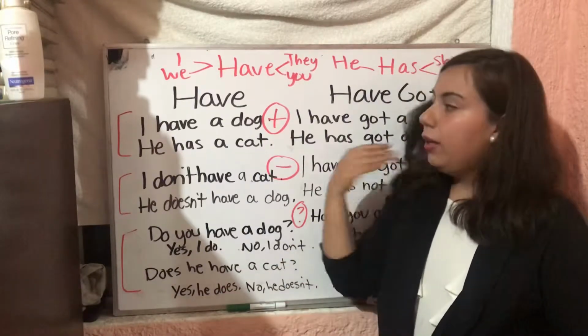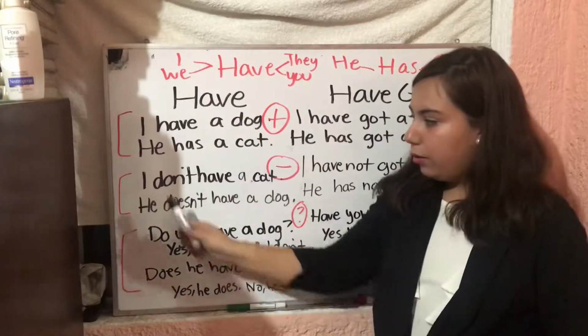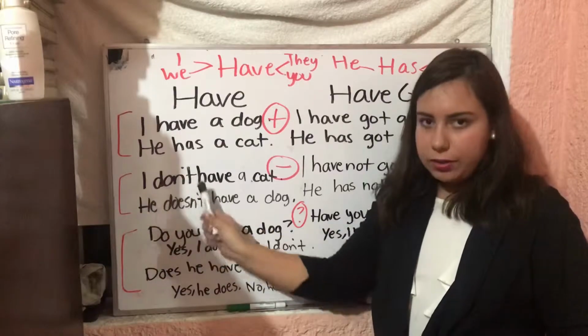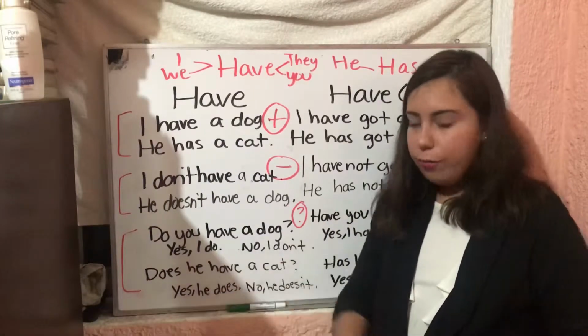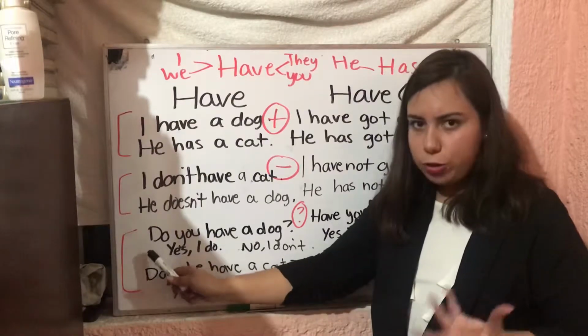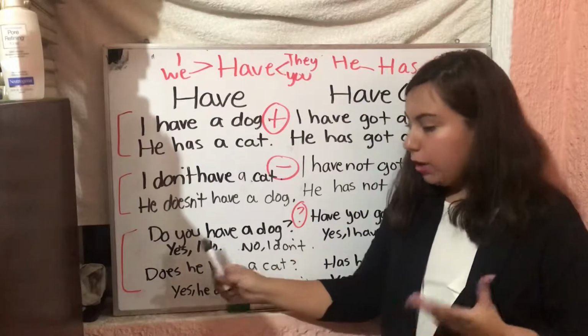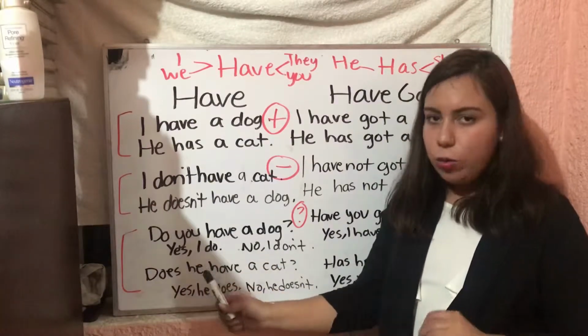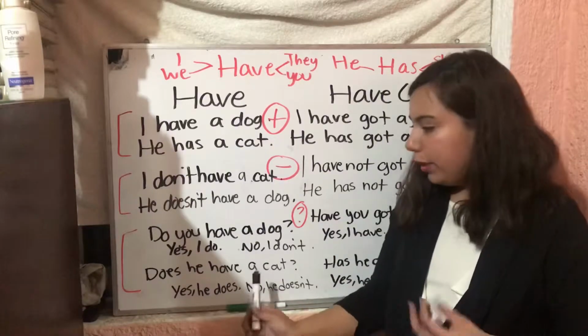So here, it's subject, verb, complement. Subject, negative auxiliary, do not or does not, verb, complement. And here, first the auxiliary do or does, subject, verb in base form, and complement. Do you have a dog? Yes, I do. No, I don't. Does he have a cat? Yes, he does. No, he doesn't.